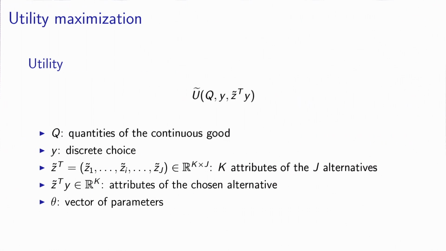So we have a utility function, but now the utility function depends not only on the quantities of the continuous good that the decision maker is purchasing, but also on the discrete choice decisions that he is making, and on the attributes of the discrete alternatives. So we denote by Z tilde the list of attributes of the J alternatives. And when you multiply by Y, basically what you obtain is the list of attributes of the chosen alternative.